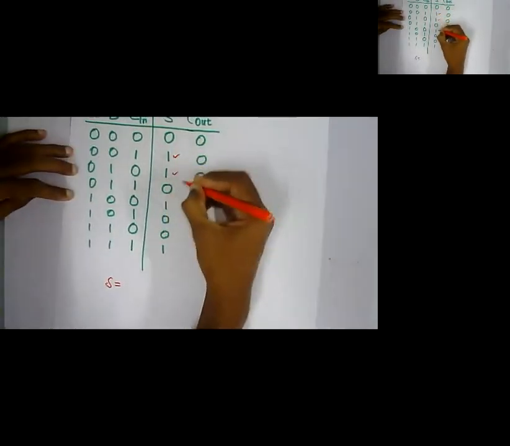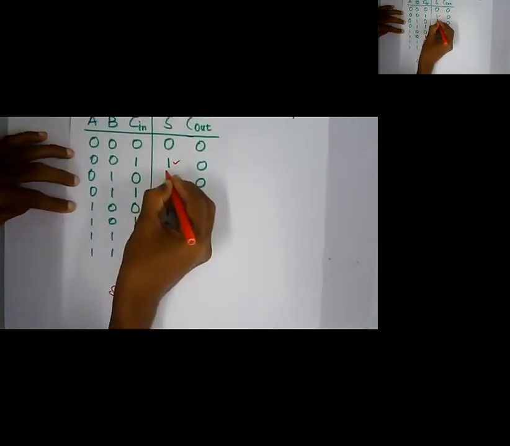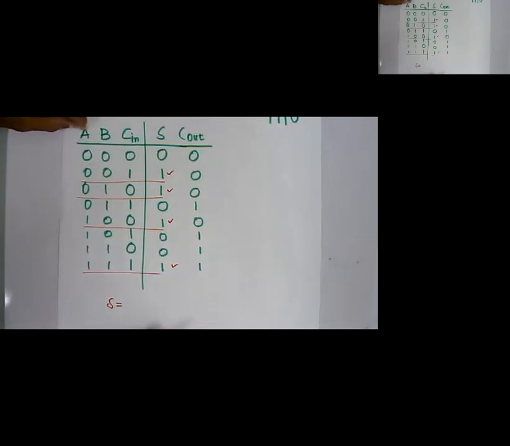Now we need to write down the equation for sum and carry separately. Let's take sum first. For sum, I have only 1, 2, 3, 4 ones. So this is this sequence, this, and this. Am I right? Look at the first one for sum: A bar, B bar, C in.